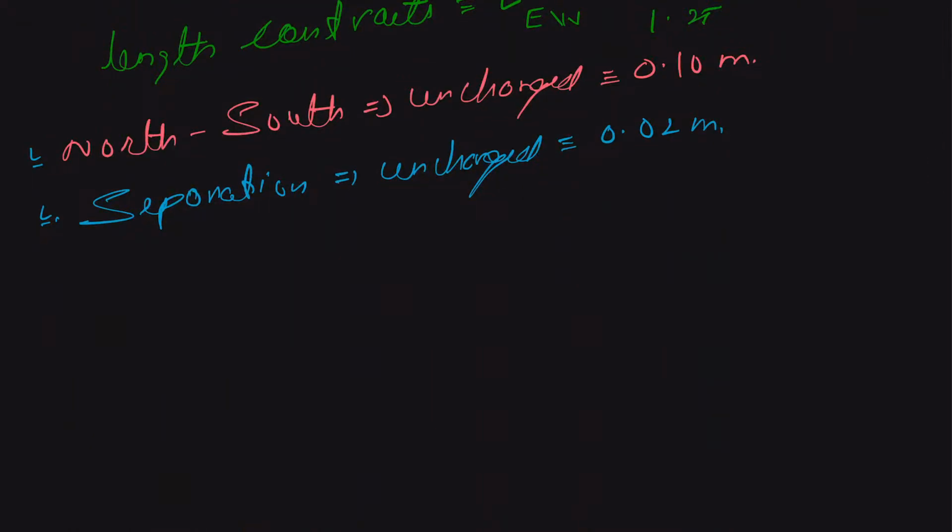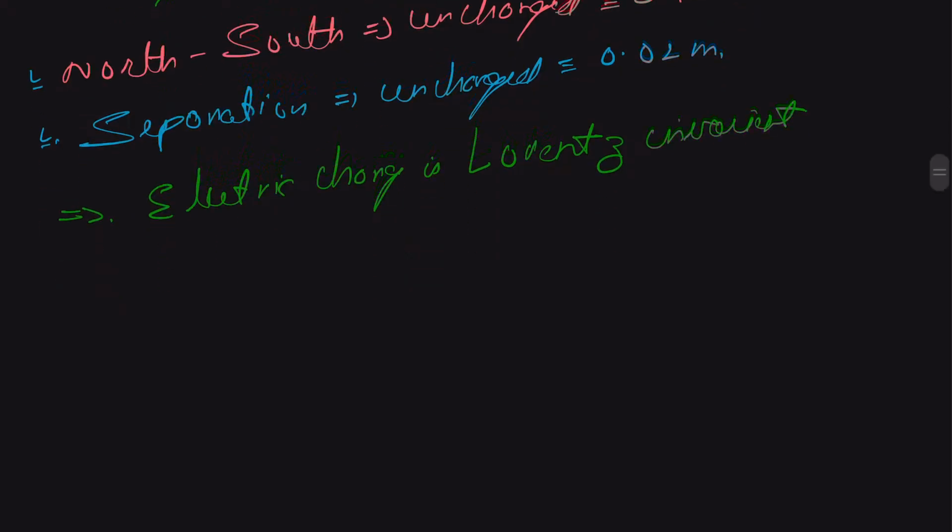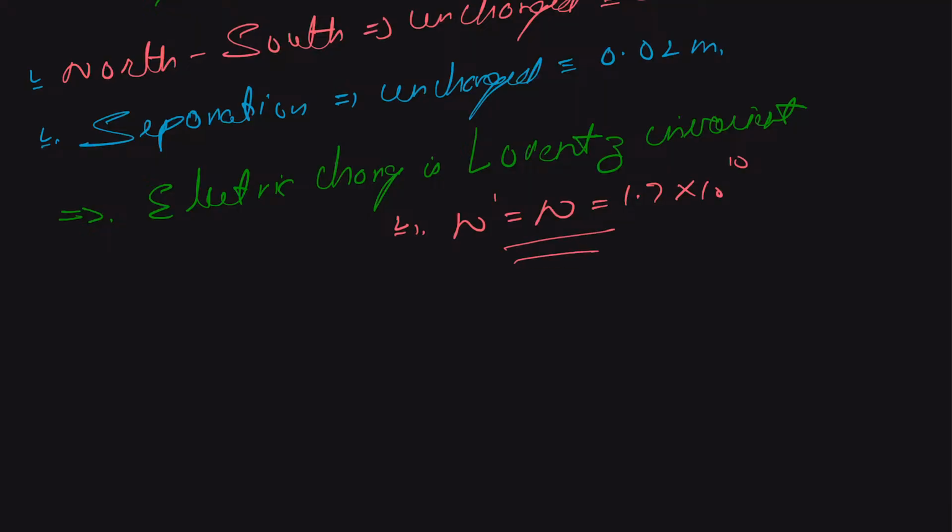So we can write that electric charge is Lorentz invariant. Therefore, you can say that the number of electrons, let us suppose this n prime, will be equal to our n, that is 1.7 into 10 to the power 10. So the number of electrons is going to remain the same.